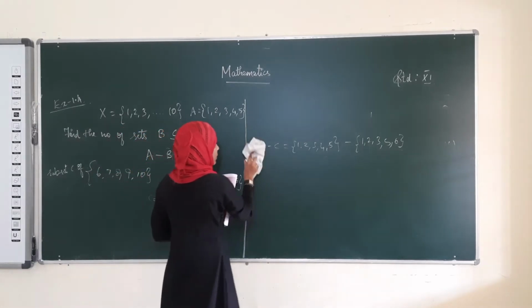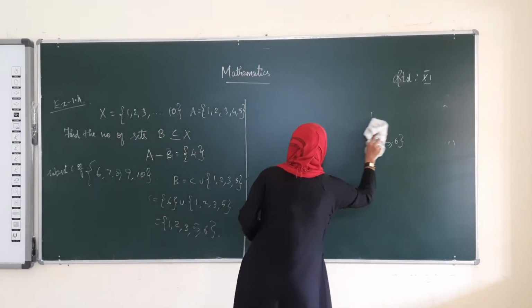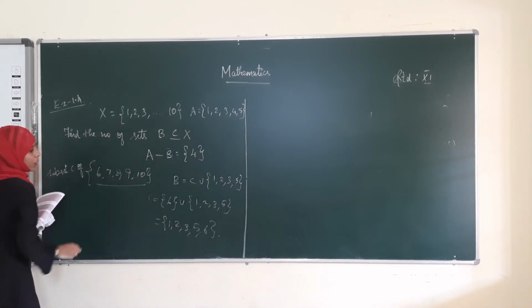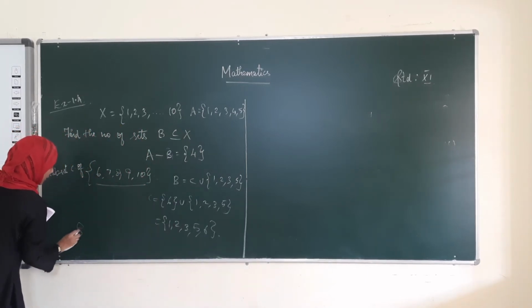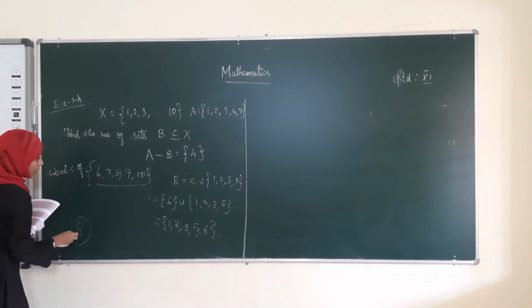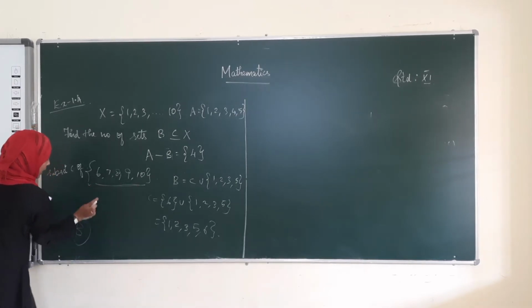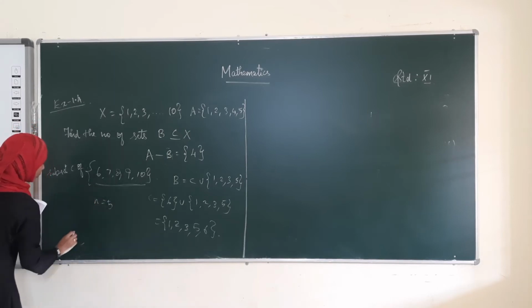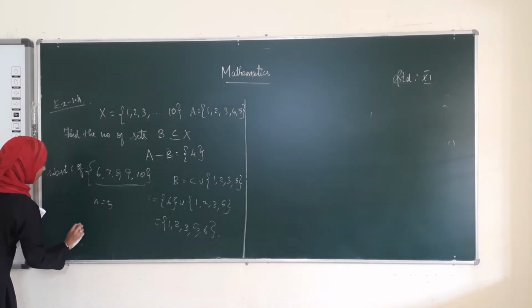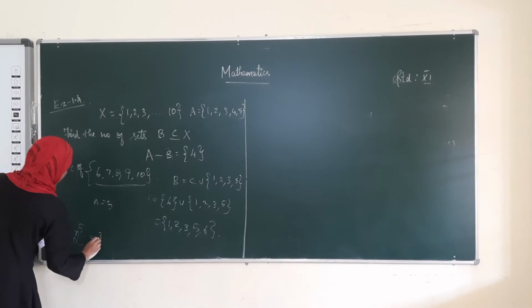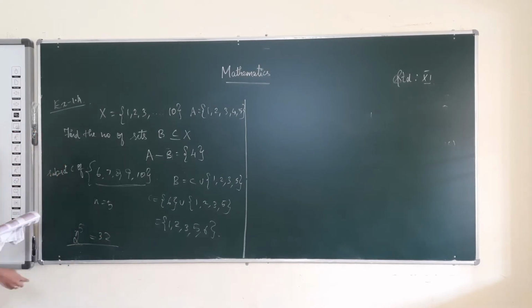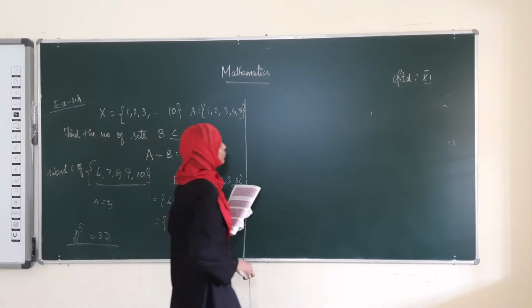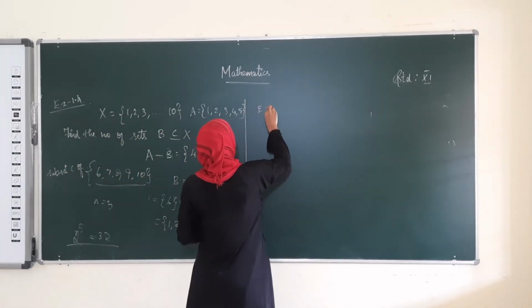Therefore, the number of elements will be as here, here we have n as 5. Therefore, the number of subsets will be 2 power 5, that is 32.